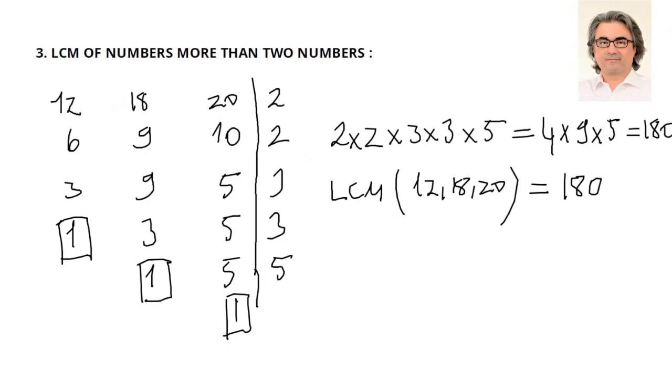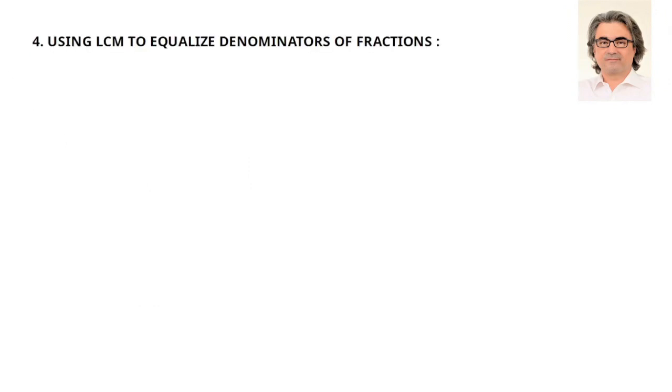Now let's continue with the next title. Using least common multiple to equalize denominators of fractions. Now you know the fractions, operations on fractions. Some of these operations are addition and subtraction.